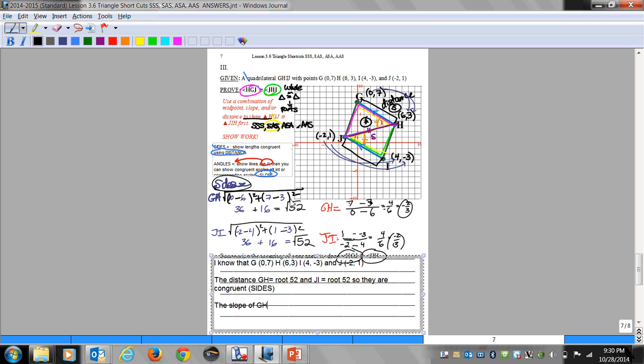The slope of GH equals negative 2 over 3, and JI equals negative 2 over 3. So they're parallel. If I have parallel lines, then measure of angle 1 equals measure of angle 2, because they are armpits of the Z. That gets me a pair of angles.